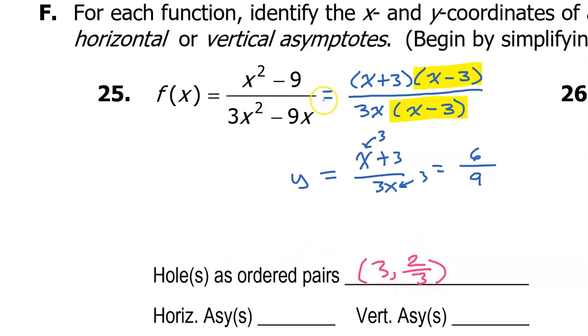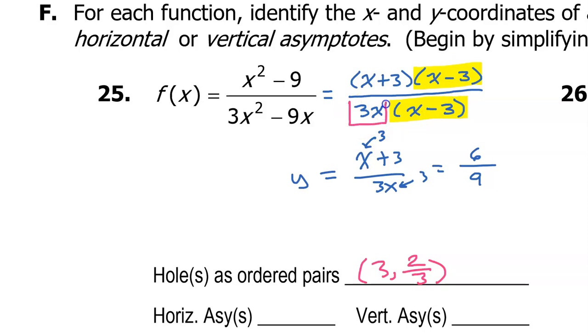The horizontal asymptotes, let me do the vertical asymptotes first. The vertical asymptotes come from the denominator. So the factor of x minus 3, that already gave us a hole. So that cannot be a vertical asymptote as well. It's a hole. So ignore the x minus 3.